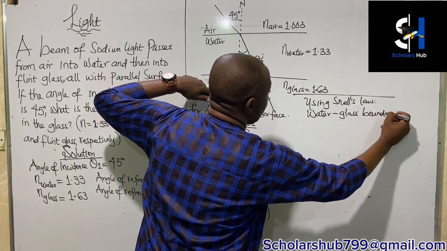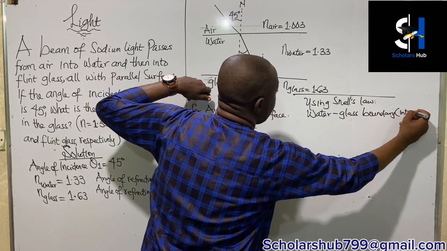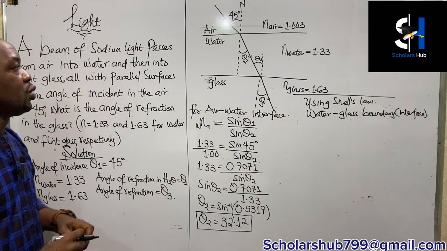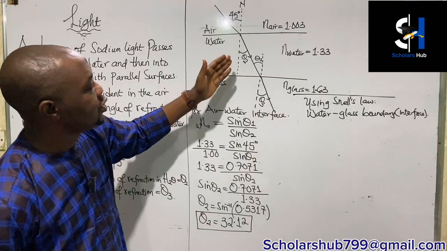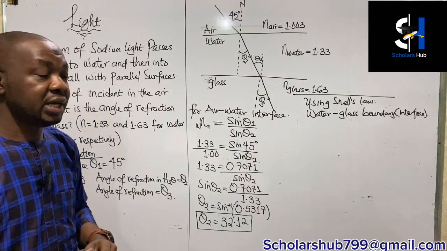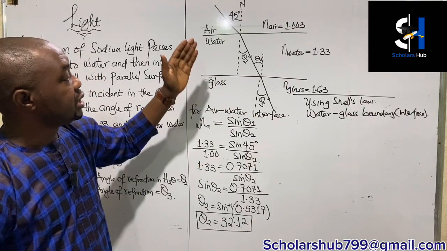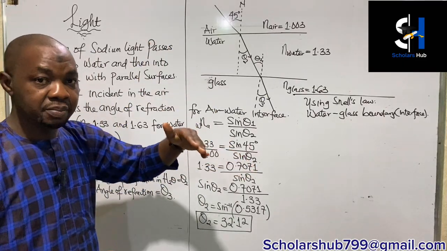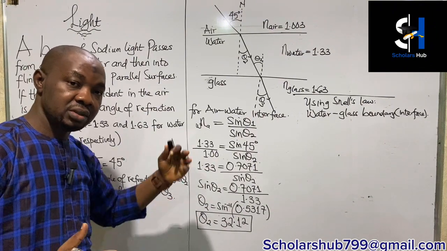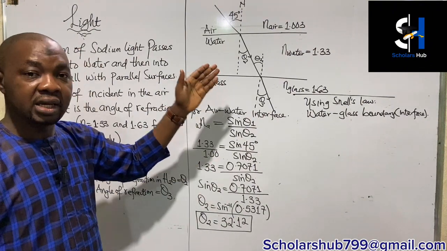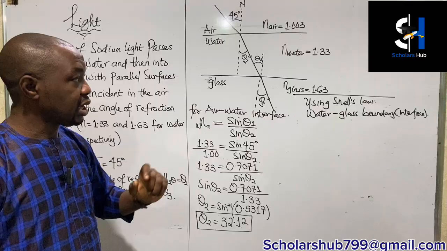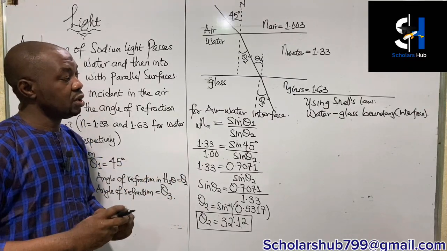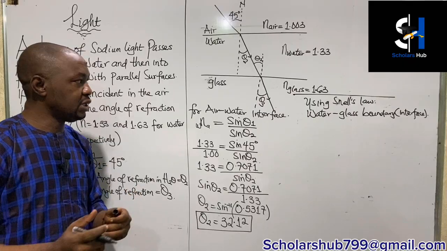For the water glass interface, the light this time passes from water into the glass. So the light from water is incident on the boundary separating water and glass. That becomes the incident light, and the angle which the light makes with the normal will now become the angle of incidence.